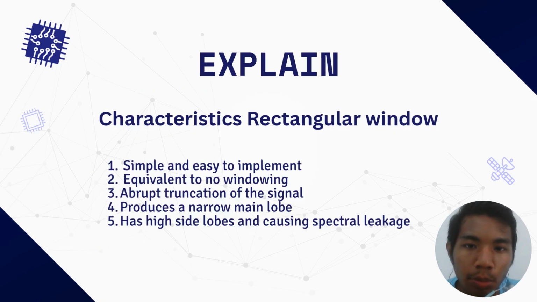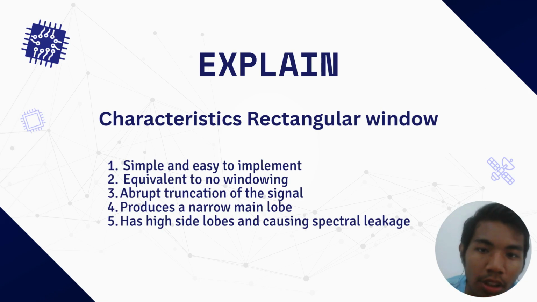Next, I will explain the characteristics of the rectangular window. The rectangular window has several important characteristics that affect how it behaves in the frequency domain, and you can see there are five. One, it is simple and easy to implement.